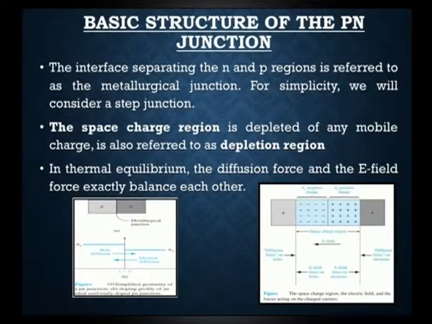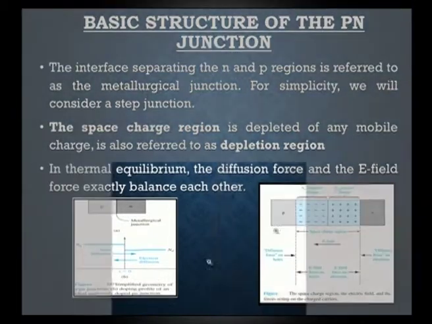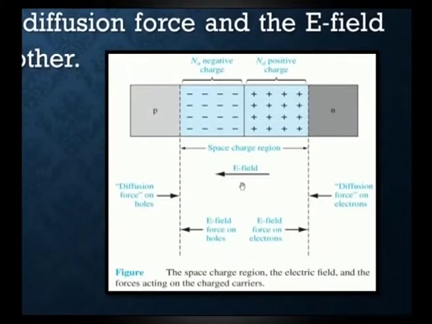And in thermal equilibrium, the diffusion force and the electric field exactly balance each other. So, we know the electrons and holes move across the PN junction before this depletion layer forms. Due to the equilibrium of the diffusion force and the electric field, we can observe with this picture, which is going to give us a clear picture.